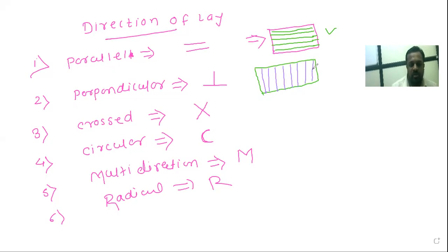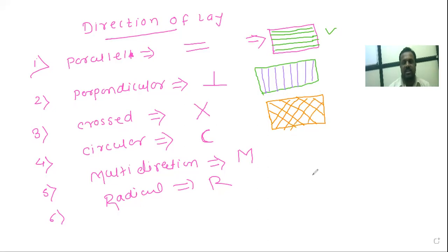And for the crossed, how is it? For the crossed, it will be like this. Okay.